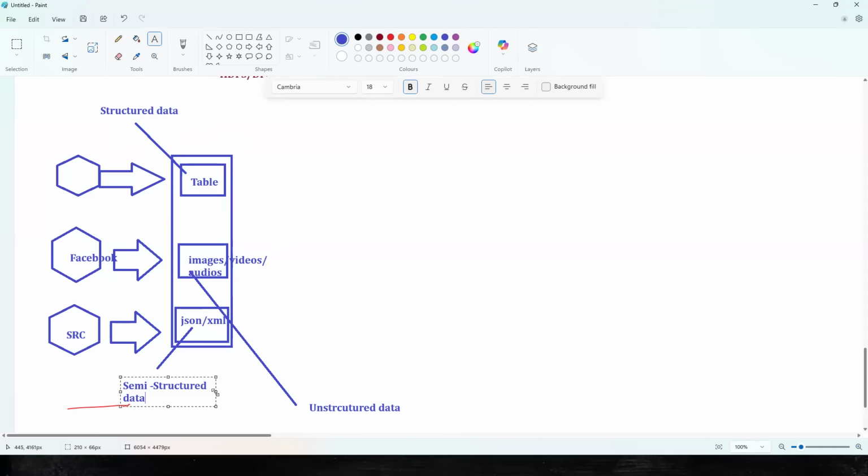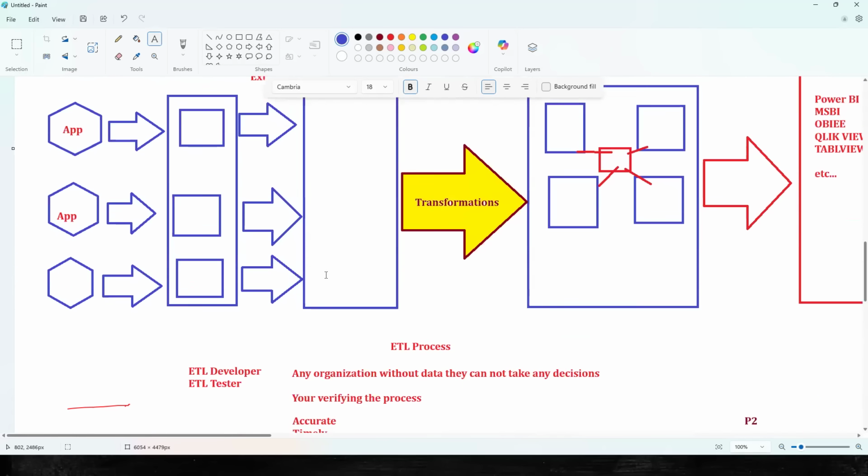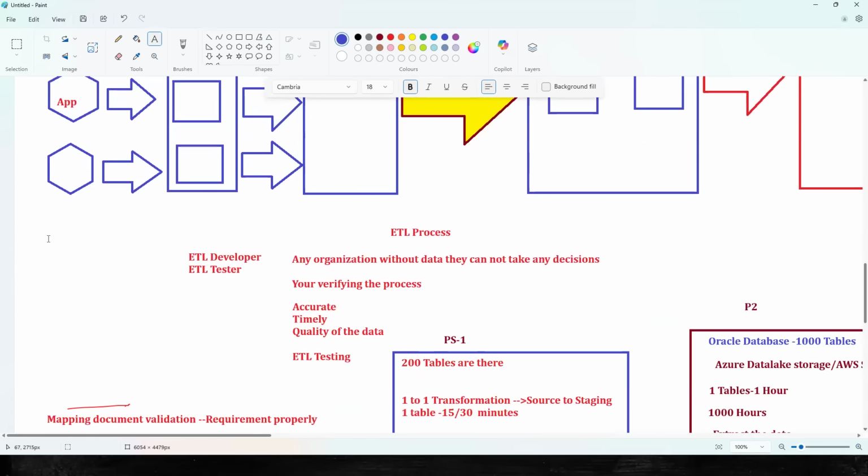Sir, if I go with the first architecture, whatever you are telling, what are the databases you are going to use? Majorly you are going to use RDBMS sources as well as ERP systems, enterprise resource planning.